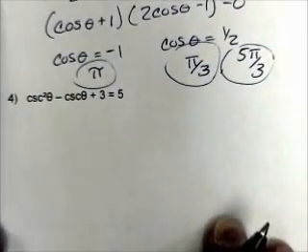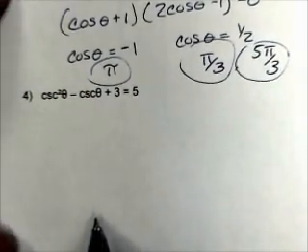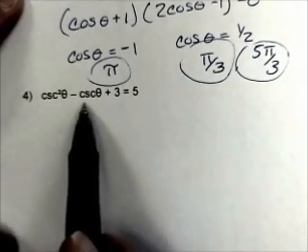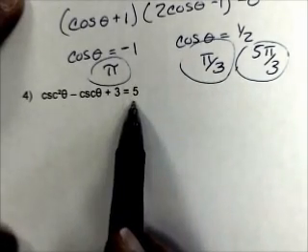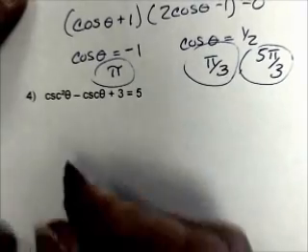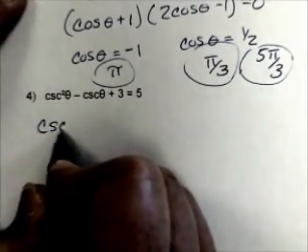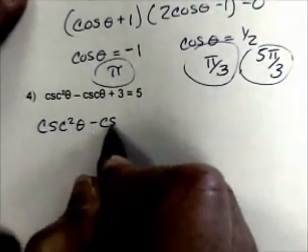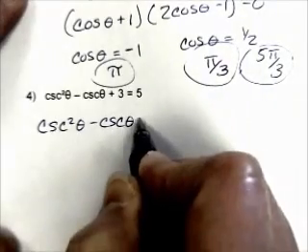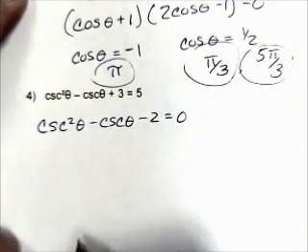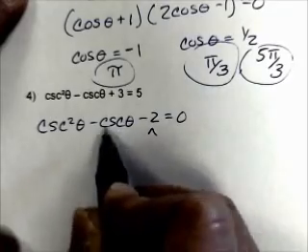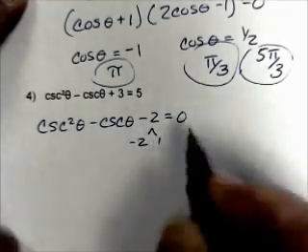Okay, and the last one here on this page, we have cosecant. Well, standard form, let's subtract 5 from both sides. So cosecant squared theta minus cosecant theta minus 2 equals 0. The factors of -2 that add to -1 are -2 and 1.